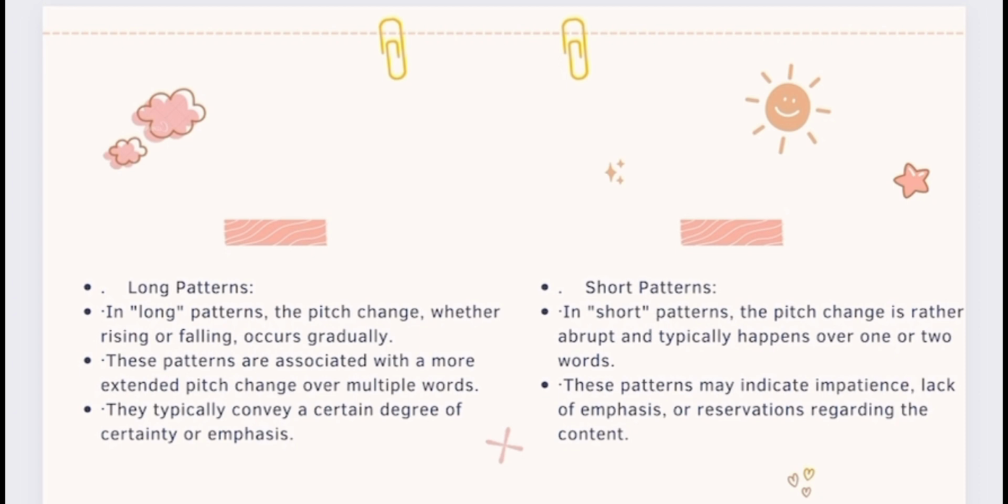These patterns are associated with a more extended pitch change over multiple words. They typically convey a certain degree of certainty and emphasis. Short patterns: in short patterns, the pitch change is rather abrupt and typically happens over one or two words. This pattern may indicate impatience, lack of emphasis, or reservations regarding the context.